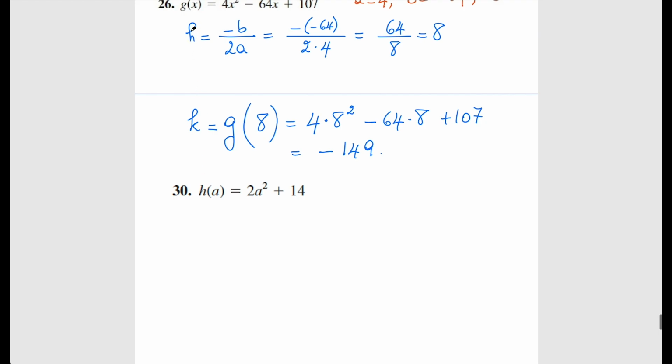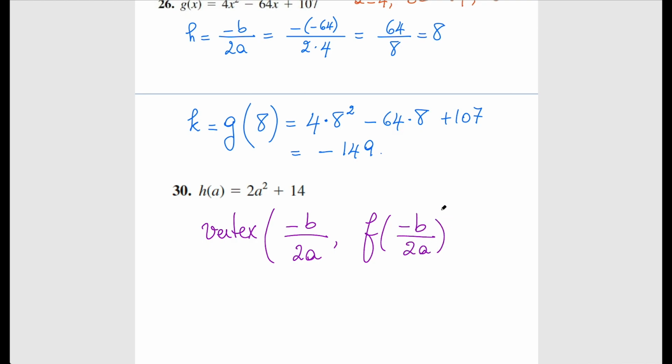So this h is the x-coordinate of the vertex, right? So the vertex is going to be given by negative b over 2a and f of negative b over 2a, correct? Let's not label them as h and k anymore.